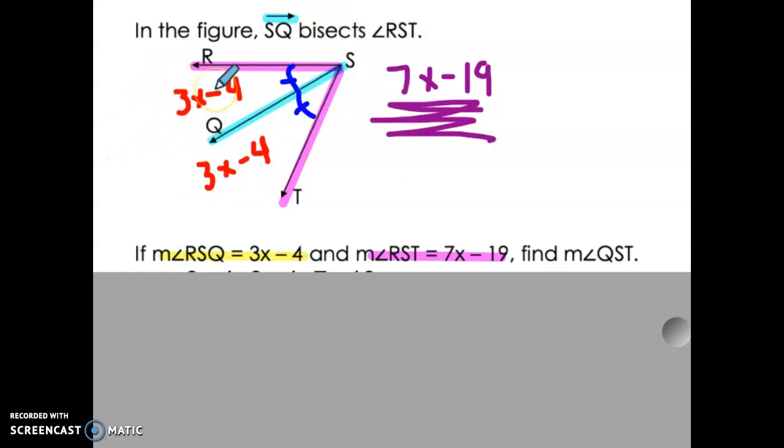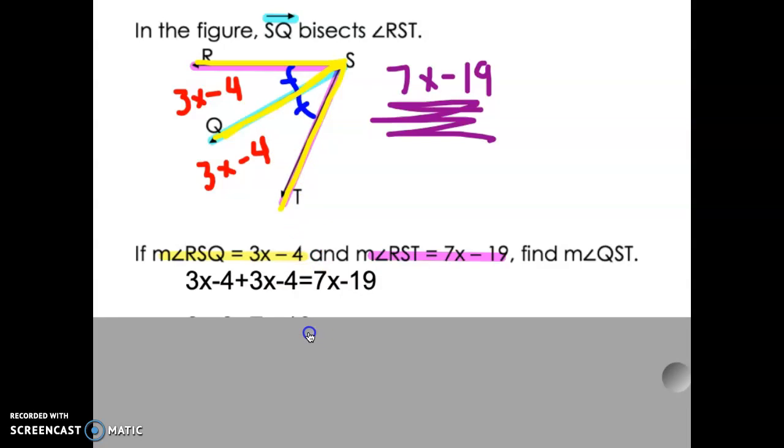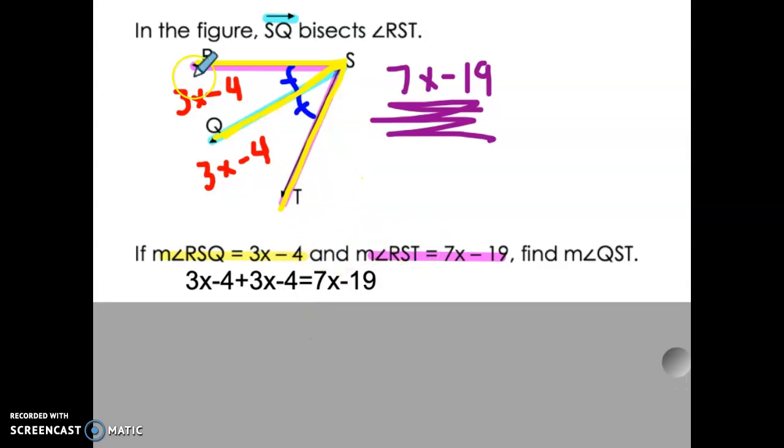Remember, the angle addition postulate tells us that when we have one big angle like this, angle RST, if we take the measure of angle RSQ, which is 3x minus 4, and add to it the measure of angle QST, which is also 3x minus 4, that is going to equal the measure of the entire angle, which is 7x minus 19.